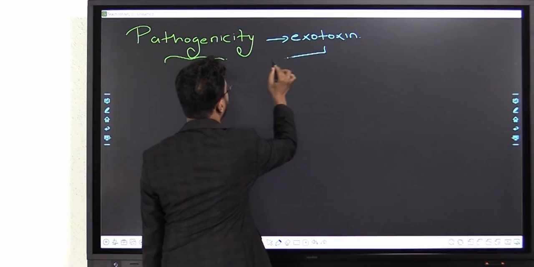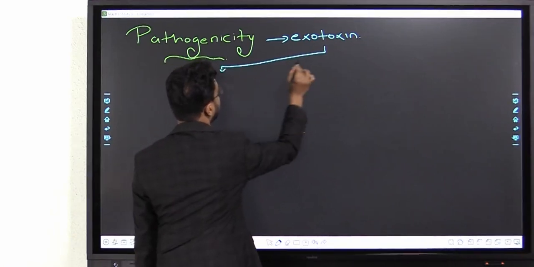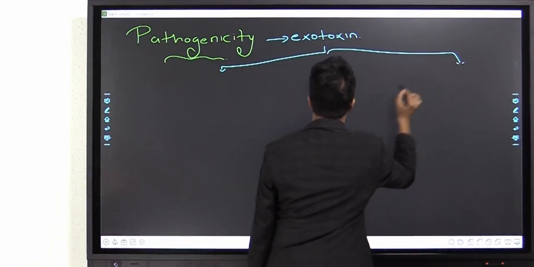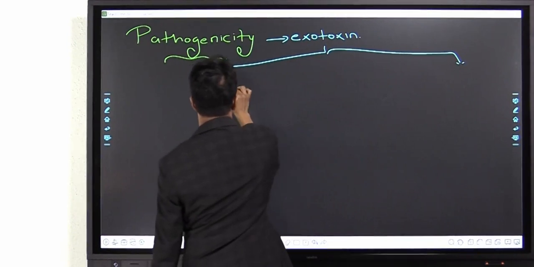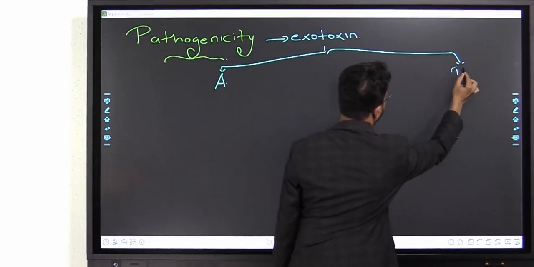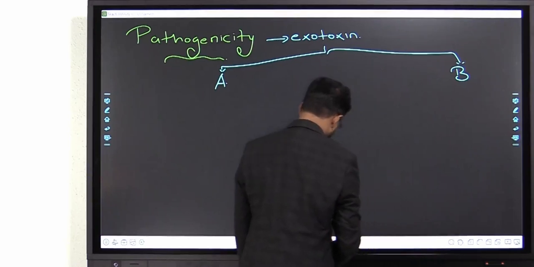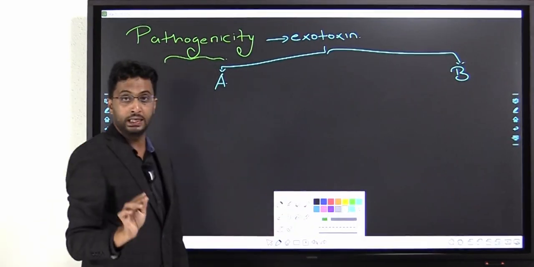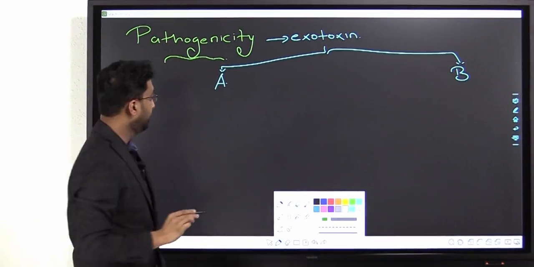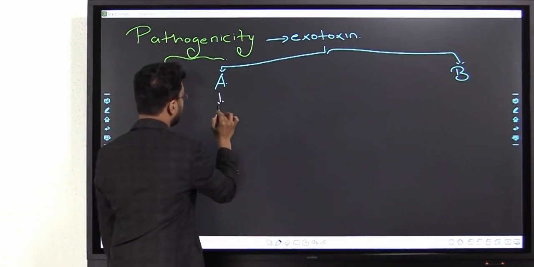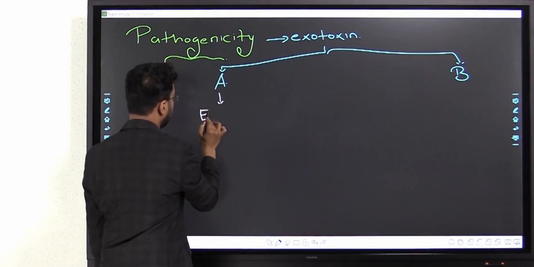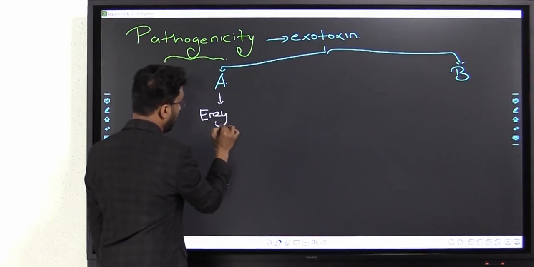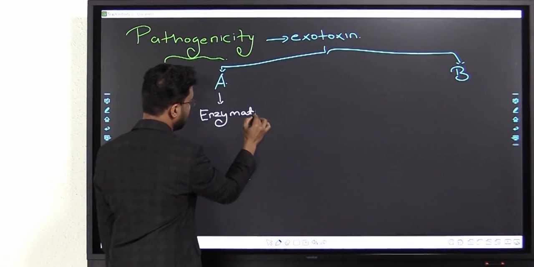Now we're going to go into a little bit of detail on this. It has got two fragments, fragment A and fragment B. Please note, both of them are important in pathogenesis, but the key here is fragment A, which has the enzymatic activity.